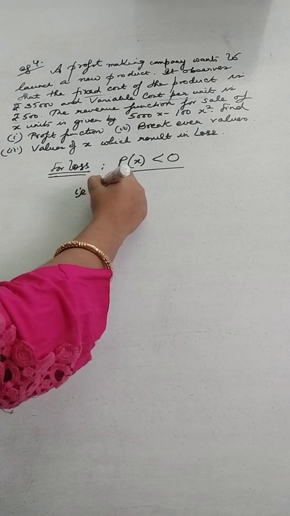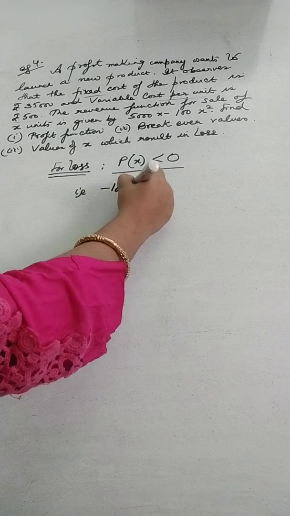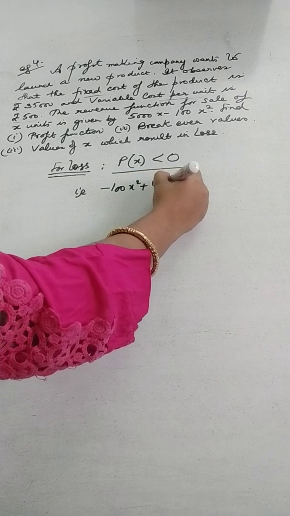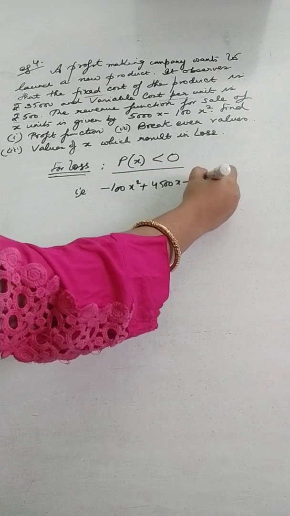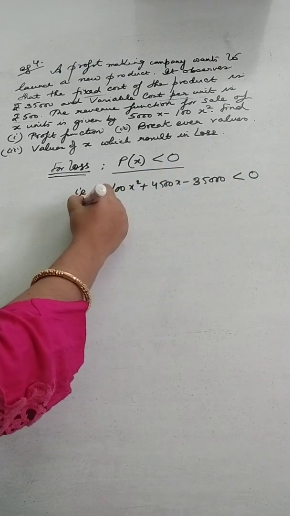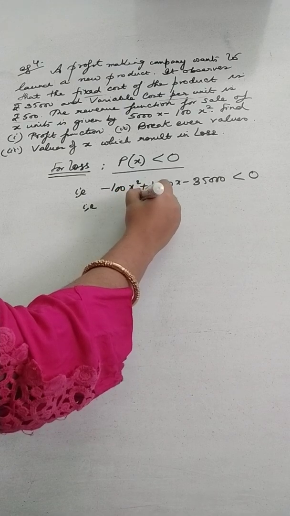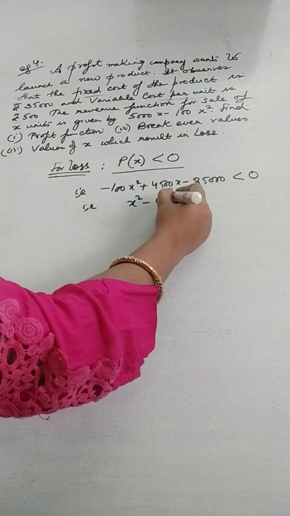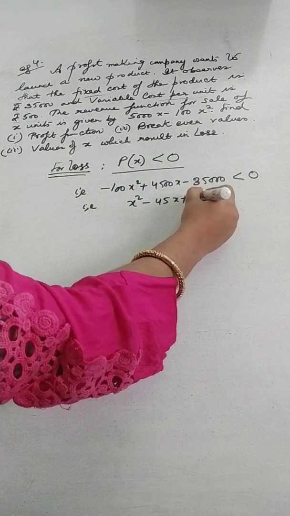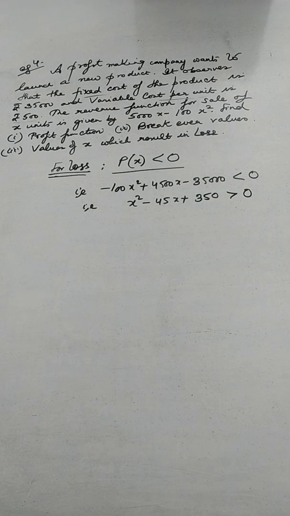What did we have? We got it as minus 100x squared plus 4500x minus 35000. This is what we had originally. So this we will write as, when we are taking minus 100 common and removing it, x squared minus 45x plus 350, and the sign will change to greater than 0, isn't it?